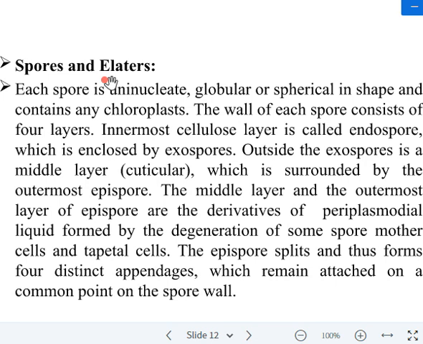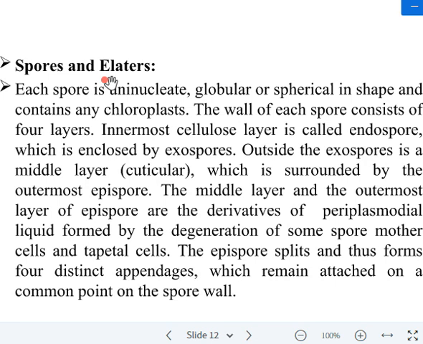The outer layer is known as epispore and the innermost layer is endospore, and the epispore of the Equisetum spores splits and forms 4 balloon-like appendages in the form of elaters.